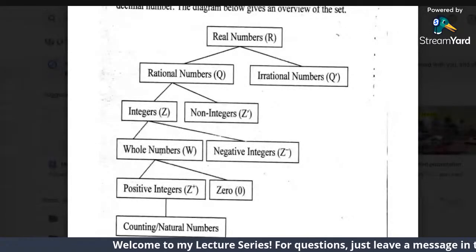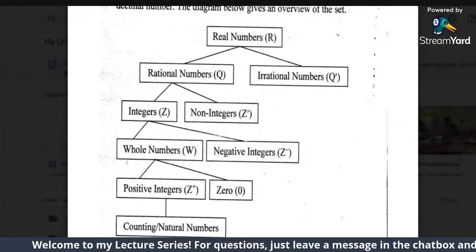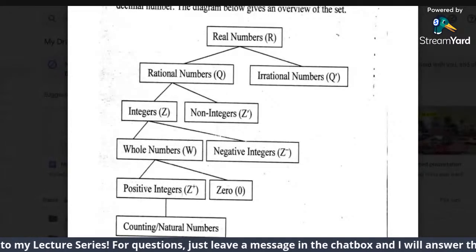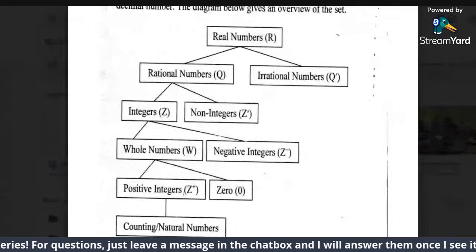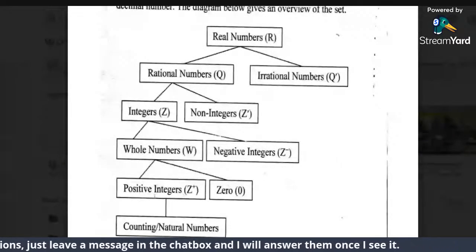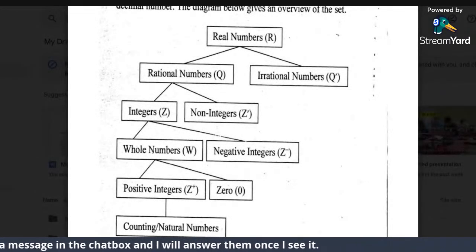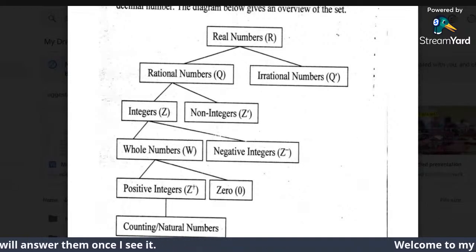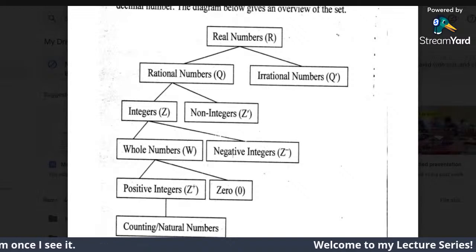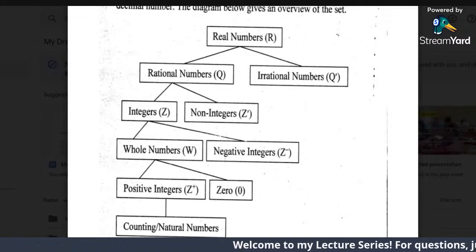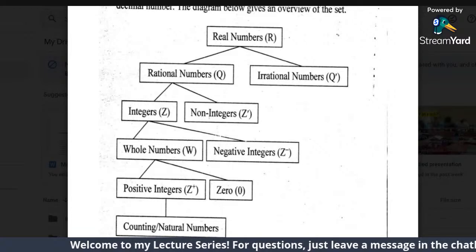In other words, whole numbers consist of positive integers. That's why we say that positive integers are subsets of whole numbers W. Can we say that negative integers are subsets of non-integers?